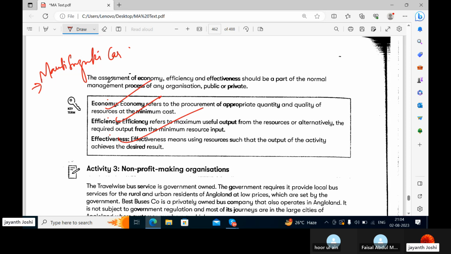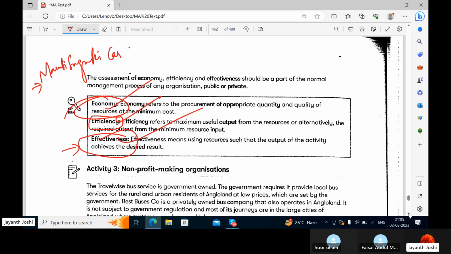If you take a Maruti car, it is very fuel efficient. First of all, it is cheaper to buy and cheaper to maintain. Servicing cost is less. If some parts are damaged, that is also less cost. So it is economical. And it is giving you good service, in the sense it is very effective as well. It's not any less in luxury. It's giving you very good comfort and everything.